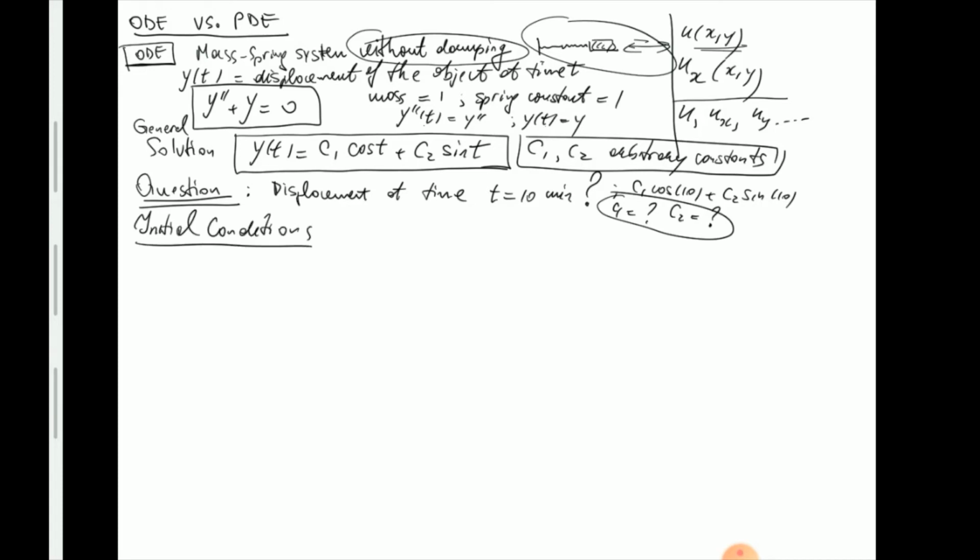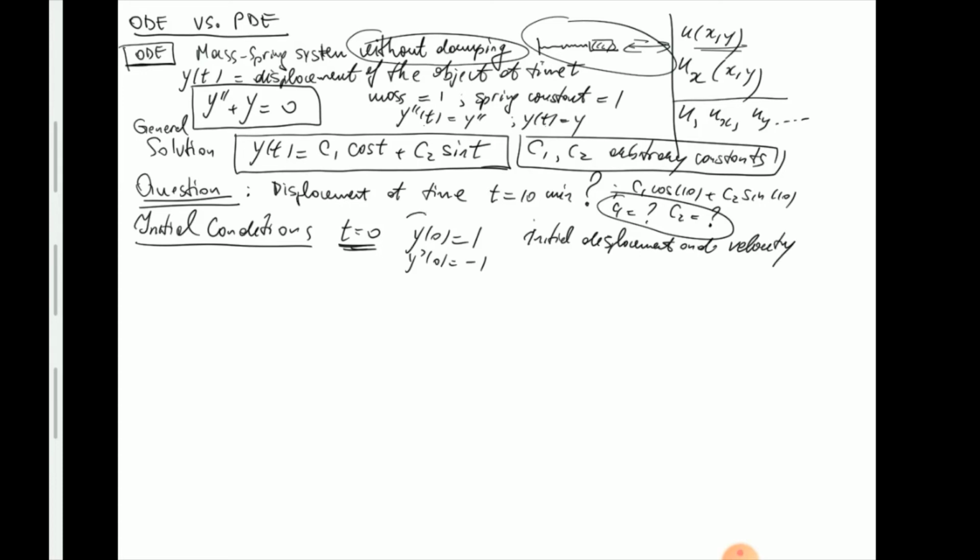So initial conditions mean that if I know what happens at time equal to 0, like the initial displacement, let's say the initial displacement is equal to 1, and then the initial velocity, which is y prime of 0, is equal to minus 1. So initial displacement and velocity.